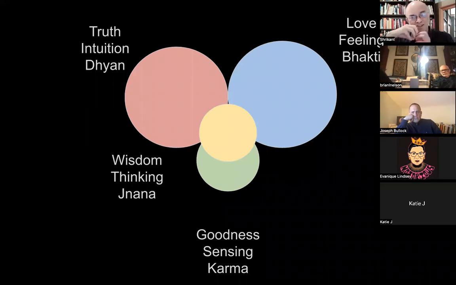Yesterday I went through this presentation where I showed how there is inflow and outflow between these orbs, between these quartorbs.